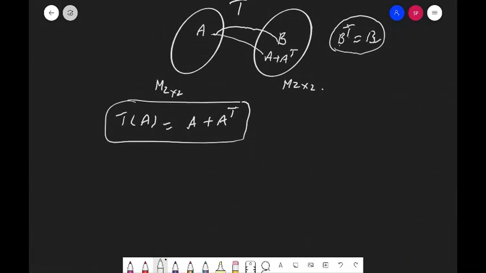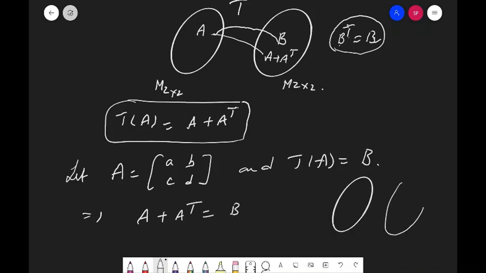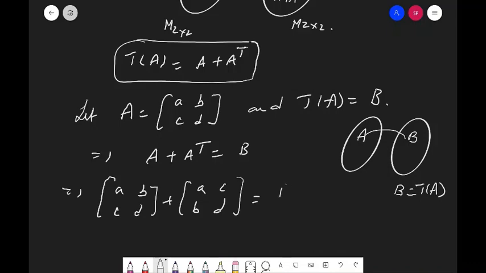For this B, which satisfies B transpose is equal to B, we have to get some coordinates. So let me start with A. Let A be the matrix with entries a, b, c, d, and suppose T of A is equal to B. That implies A plus A transpose is equal to B. I am first taking A here, and then supposing that B is T of A. Now A plus A transpose is equal to B means the matrix [a, b; c, d] plus its transpose is equal to B. What is this matrix?